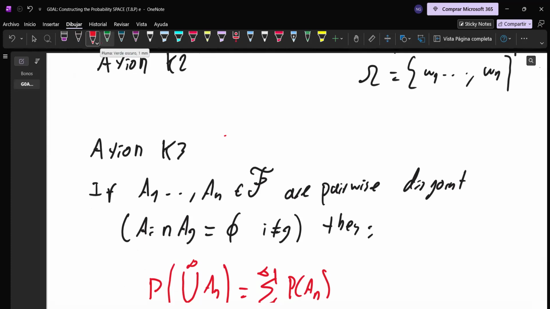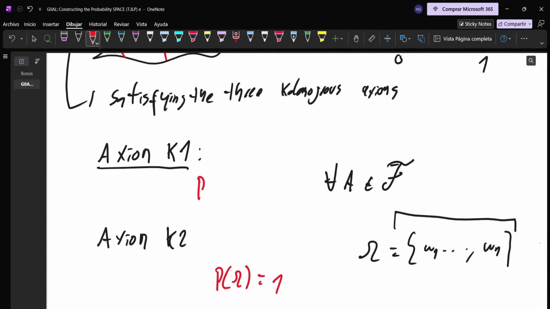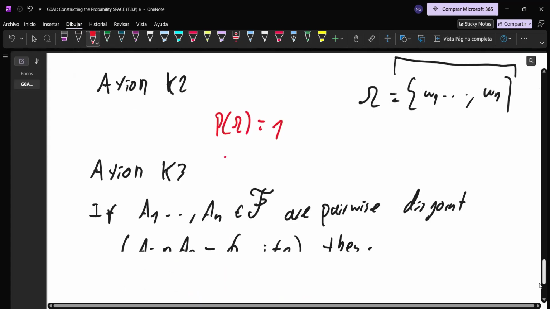And so we have the probability of omega equals 1, and then the non-negativity, so the probabilities of all elements are positive. Okay.